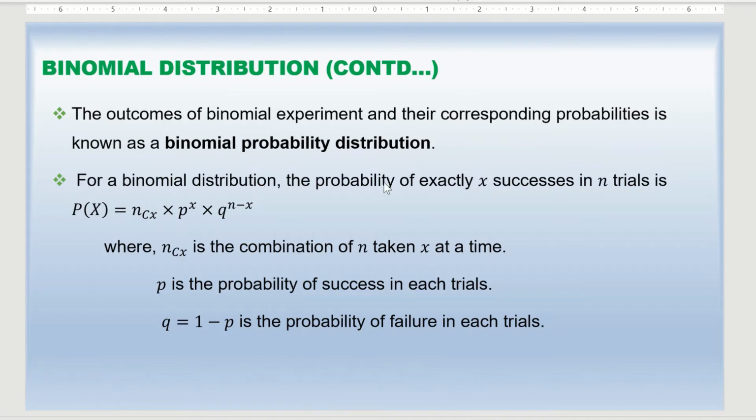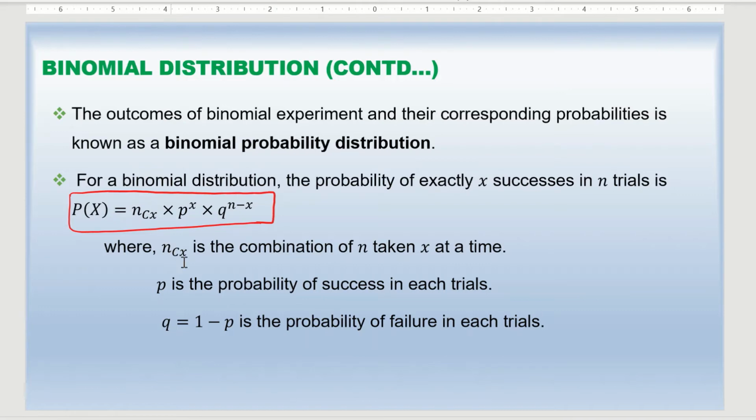For the binomial distribution, the probability of exactly x successes in n trials, so there are n trials and there are x successes, is given by this formula. P of x, that is the probability of exactly x successes, is equal to nCx, that is the combination of n taken x at a time, multiplied by p to the x times q to the n minus x.